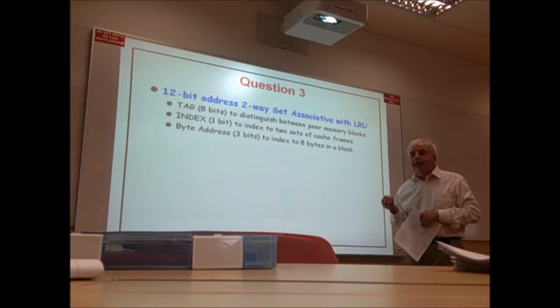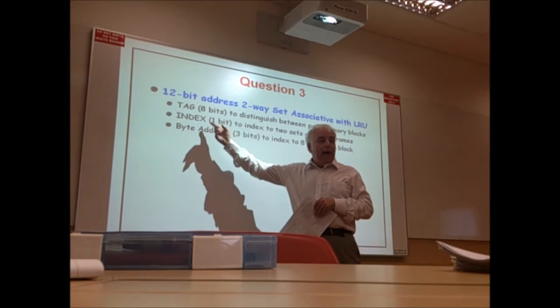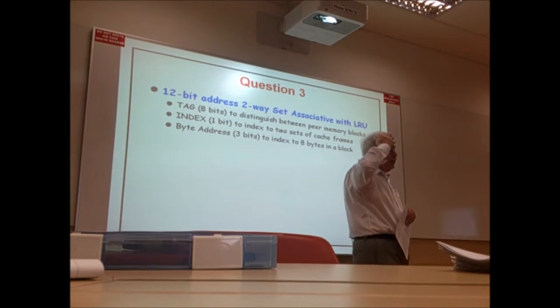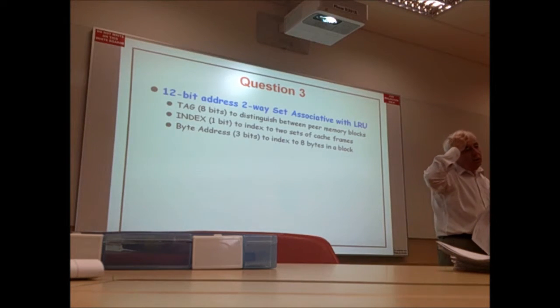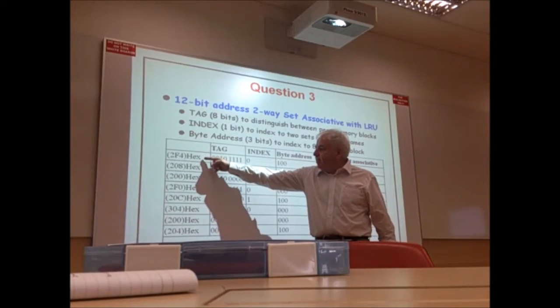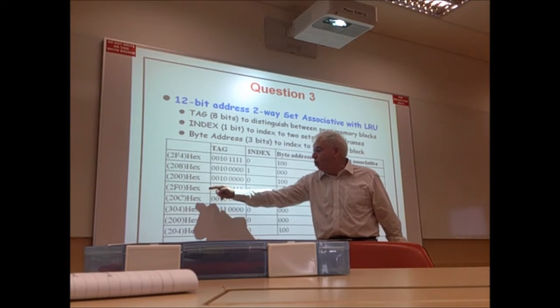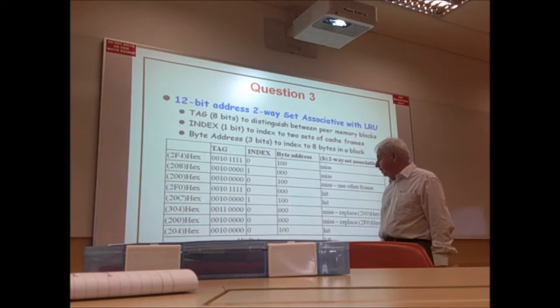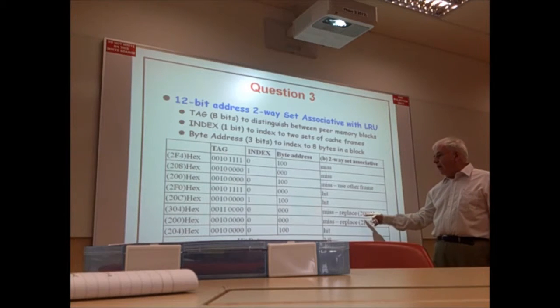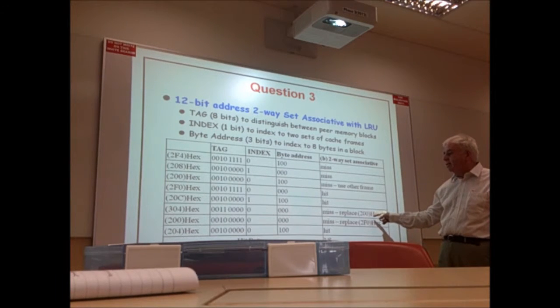Now our index has to index between the different sets. We only have 2. I think this is the least recently used. In fact, the block is the same as this block, and this block was used quite recently. So we have to replace 200X.